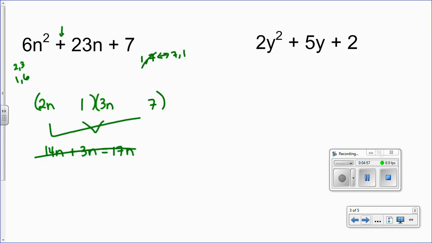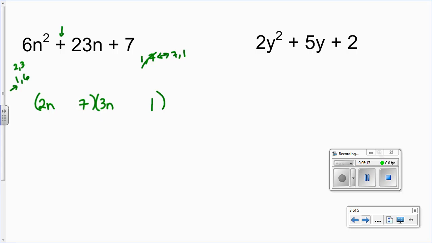So I'm not going to use 1 and 7. Let's try 7 and 1. And if this doesn't work, then you can go back and change to the 1 and the 6. Try 1 and 6 if you need to.